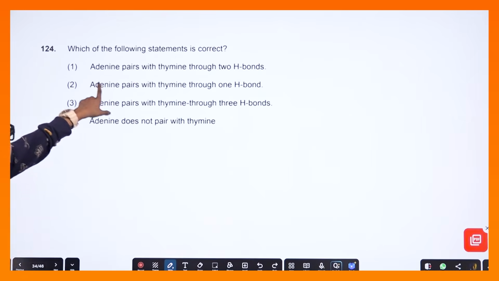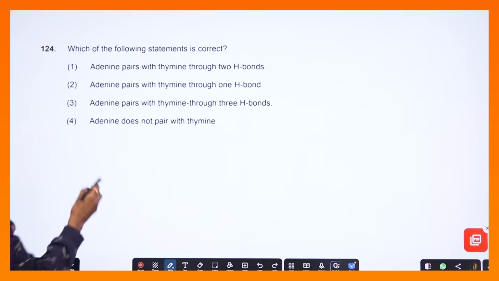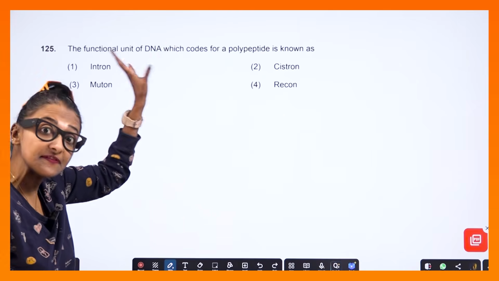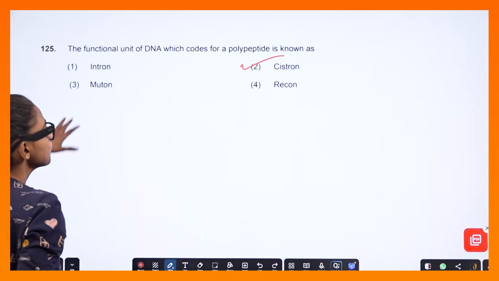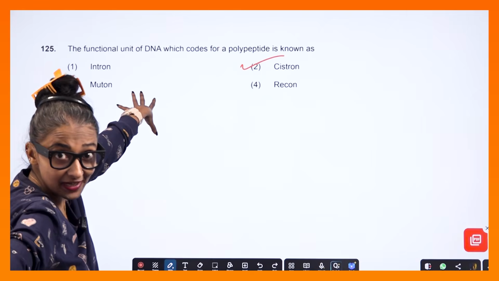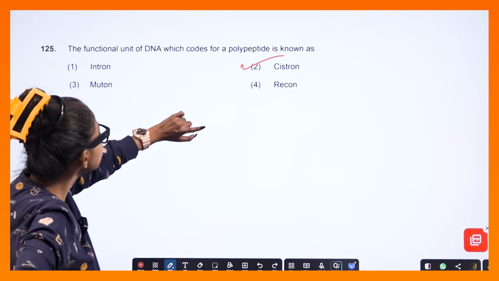This is again very easy. Which of the following statement is correct? Adenine pairs with thymine with 2 hydrogen bonds. I mean, it was very easy. The functional unit of DNA, which definitely is going to code for polypeptide, is cistron. You already know it. Introns are non-coding sequences, right? And exons are coding sequences, correct?